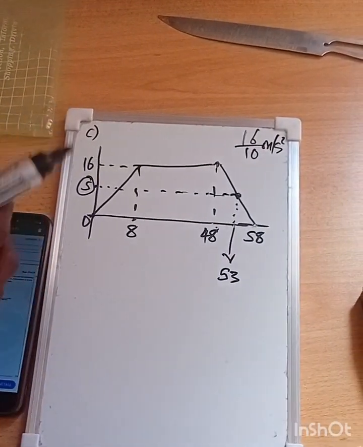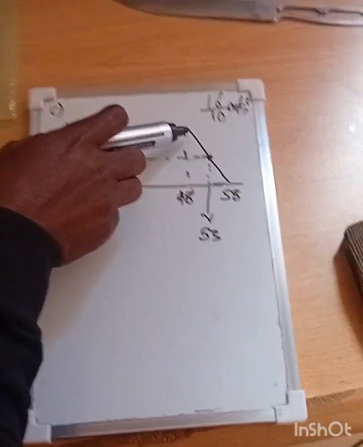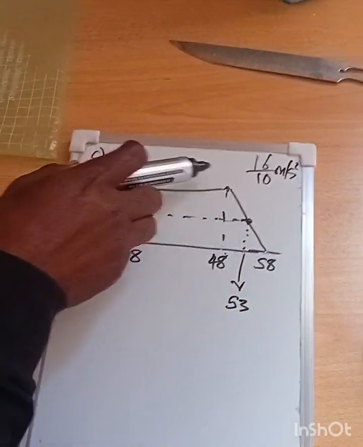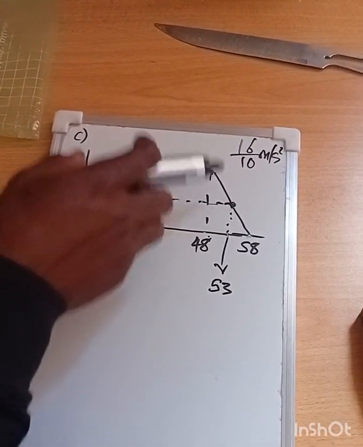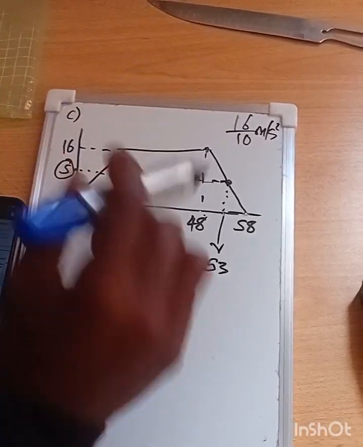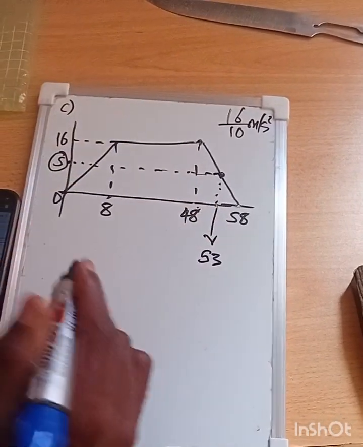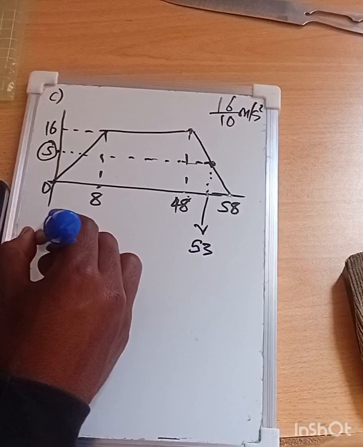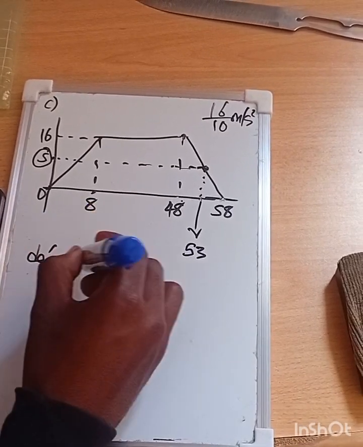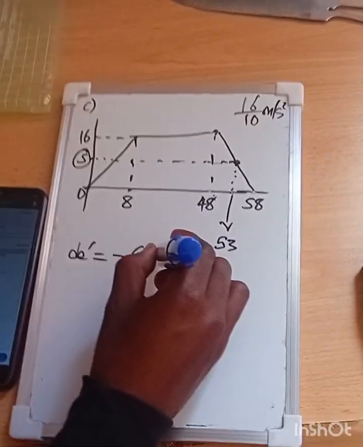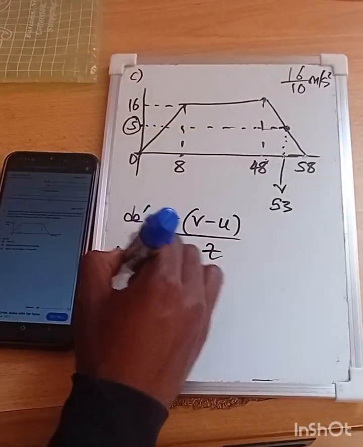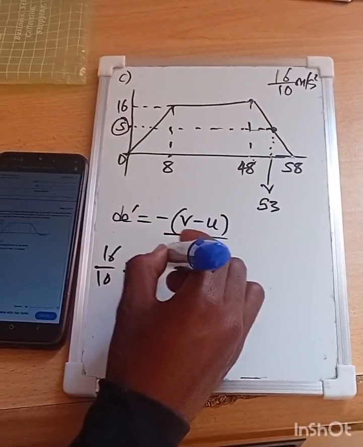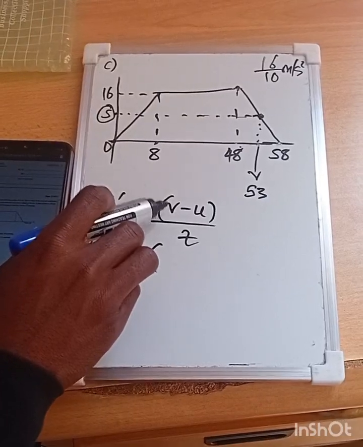Since the deceleration is uniform along this portion, when t was 53 the deceleration was also 16 over 10. So we use this same deceleration, which is negative (v minus u) over t. Deceleration is 16 over 10.